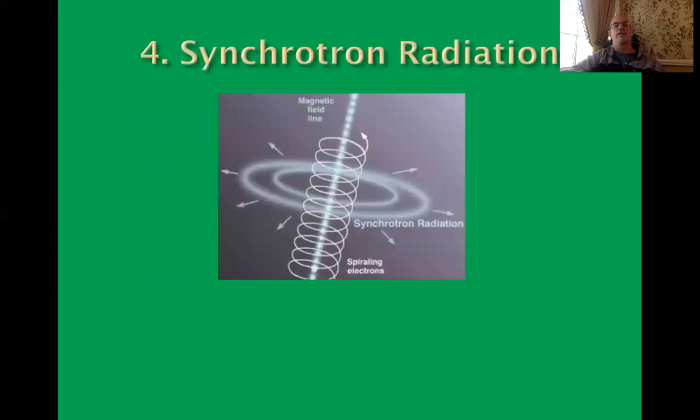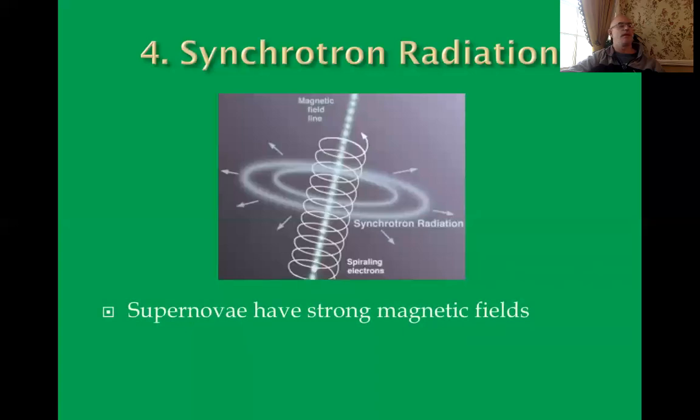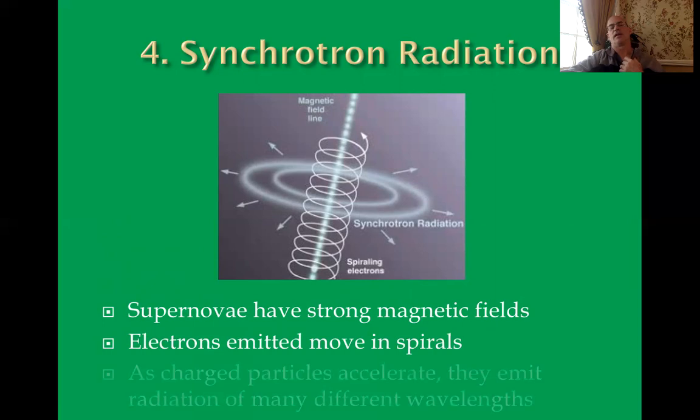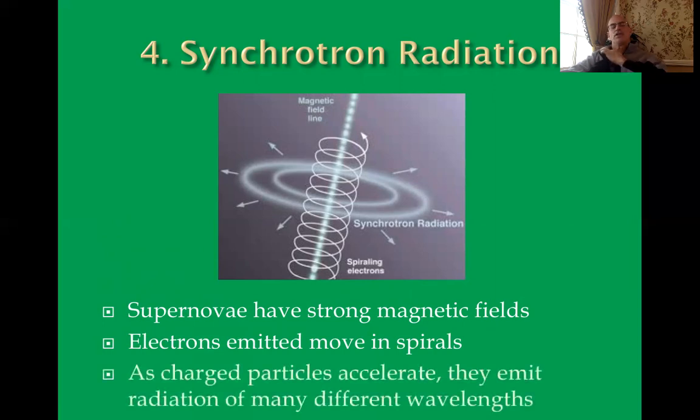Another evidence of supernovae is synchrotron radiation. We alluded to this in the very beginning of this lesson. Supernovae have strong magnetic fields, and electrons emitted move in spirals. Anytime a charged particle is being accelerated, think of the Northern Lights or things like that, they emit radiation of many different wavelengths.